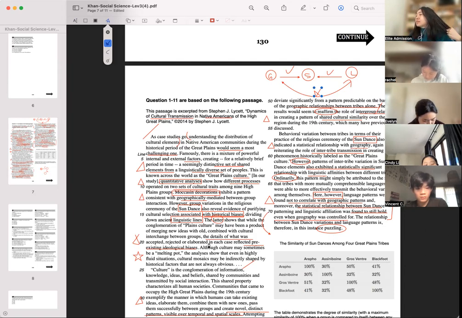So that means what? Control is an important science concept that I actually want you to really understand. So let me find a better example.